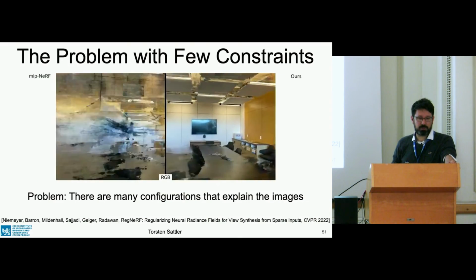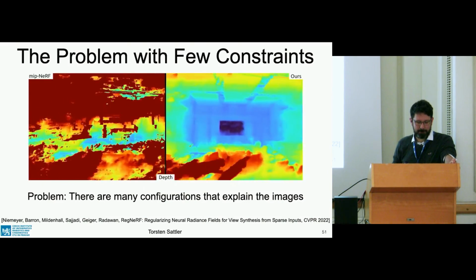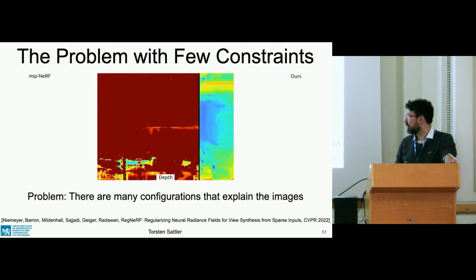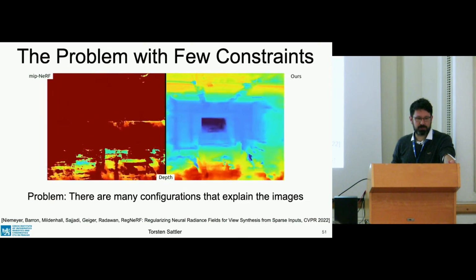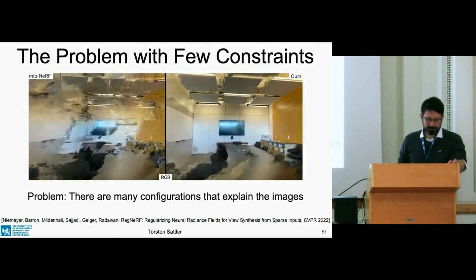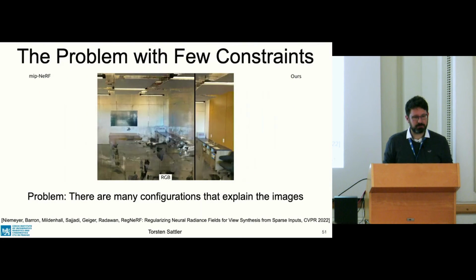But I would need to look into the paper. I haven't looked at it in a year or so. Yeah, there's a lot of work on trying to regularize this training process in one way or the other. I decided not to go into detail here. If you're interested in this, I can try to figure out pointers to that.